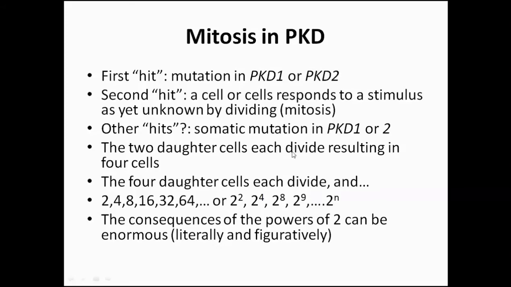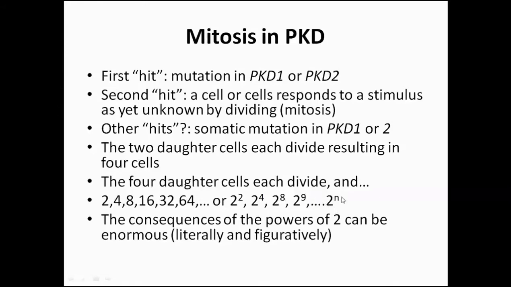each then divide again, and this results in 4 cells, and the 4 daughter cells each divide, and so on and so forth: 2, 4, 8, 16, 32, 64. These are actually the powers of 2. 2 to the second is 4, 2 to the third is 8, and so forth.